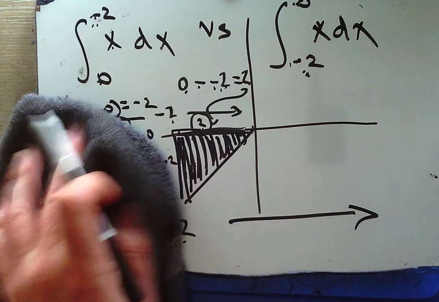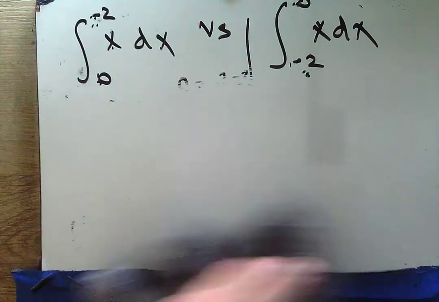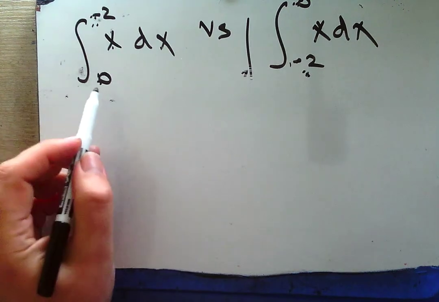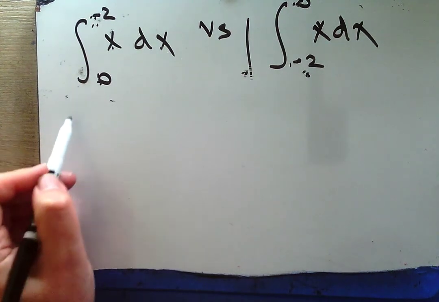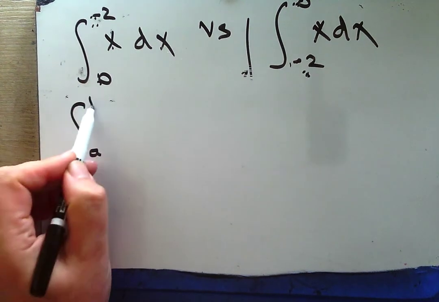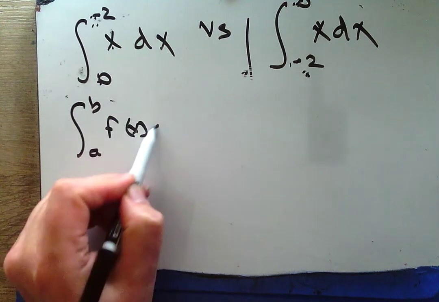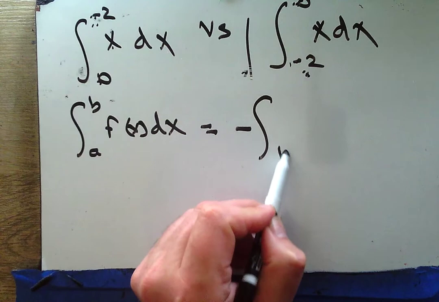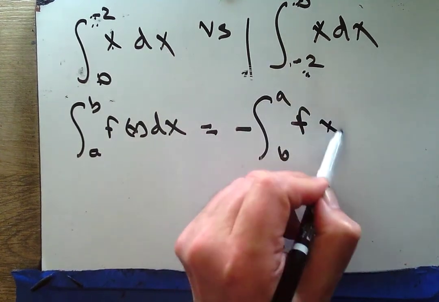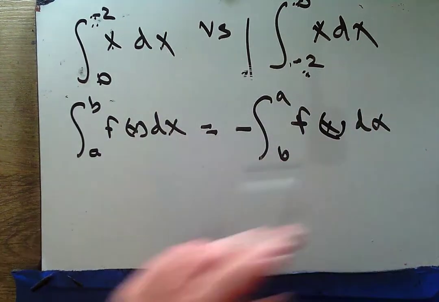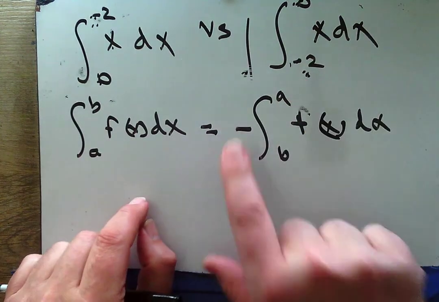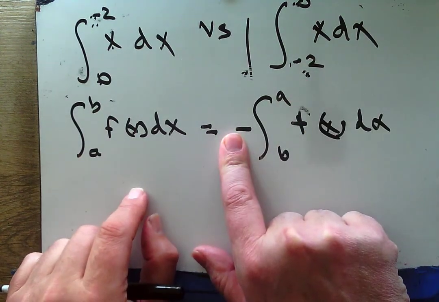In fact, we will even take this a step further with one of our integral properties. One of our integral properties is the integral from a to b of f of x dx equals negative the integral from b to a of f of x dx. So we can flip the bounds, but we're going to get the opposite value.